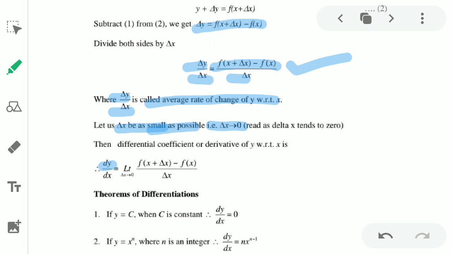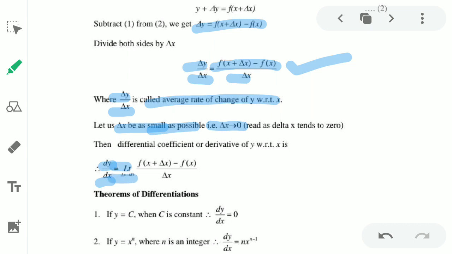So what is dy by dx? That means the derivative of y with respect to x, that is the differentiation, or the derivative of first order. So, limit delta x tends to 0.